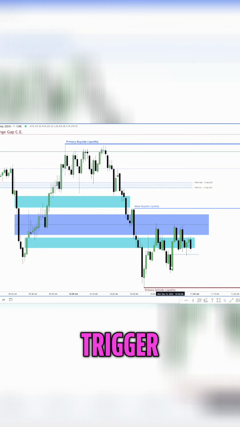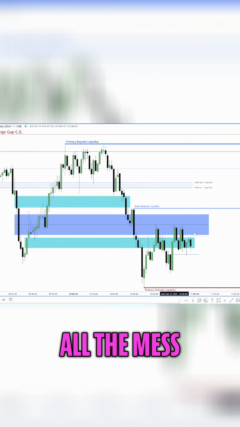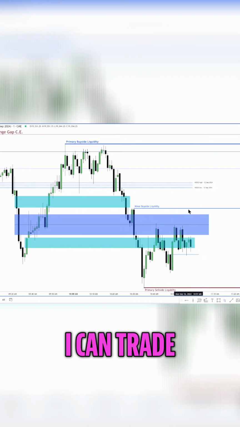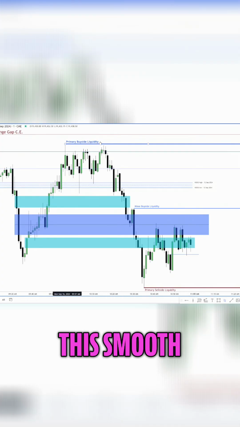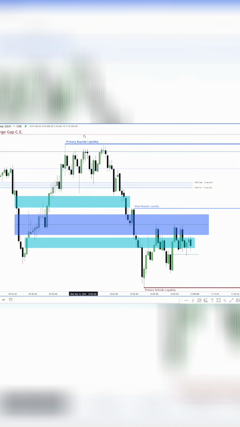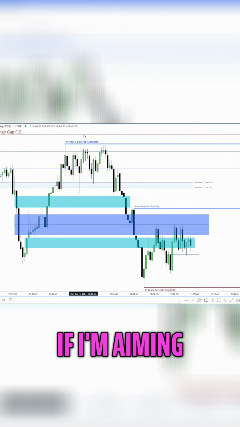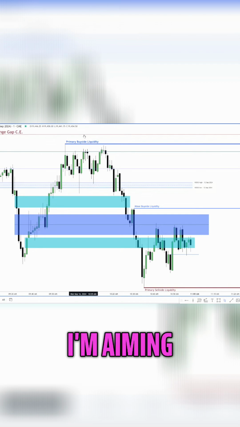This candlestick is to trigger whether or not we see it go higher. If it's going to go higher, I don't care about all the mess around here, and I can trade above this area if I want to go long to get this smooth high and consequent encroachment mid gap. If I'm bullish, that's what I'm aiming for.